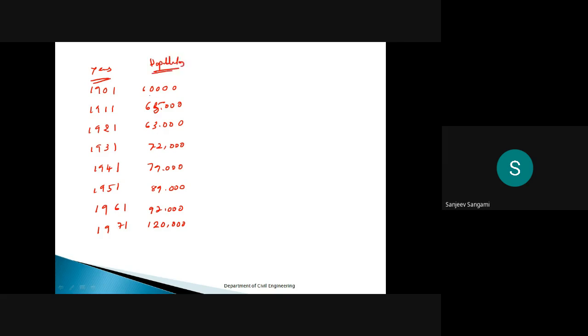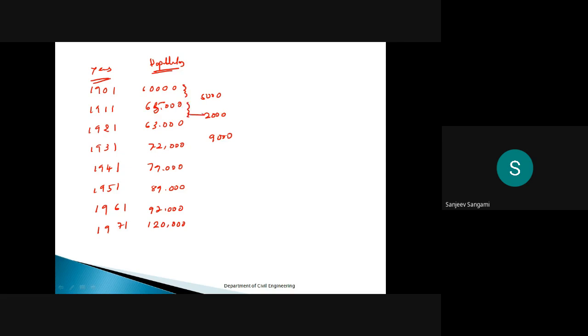So then what we'll do is that what will be the difference of these two? So 65 minus this one is 5,000. Then here it will be 2,000. Then from here to here it will be 9,000. So we are calculating the difference of these two.